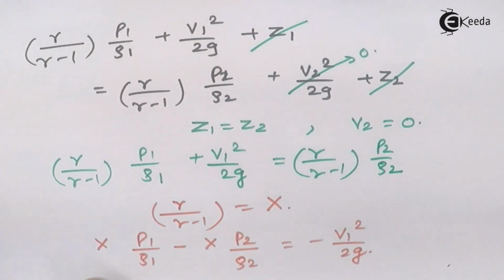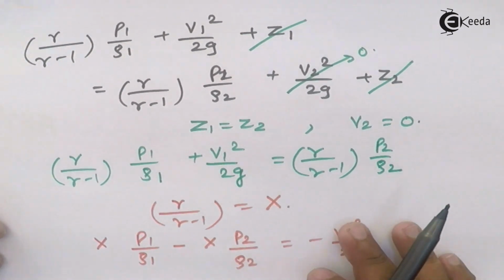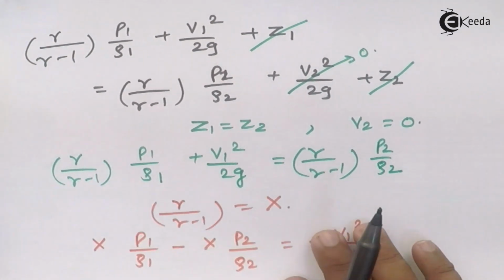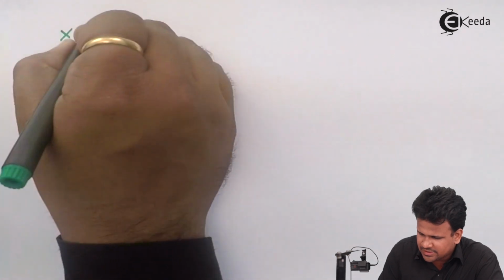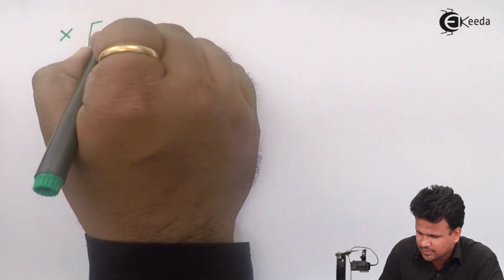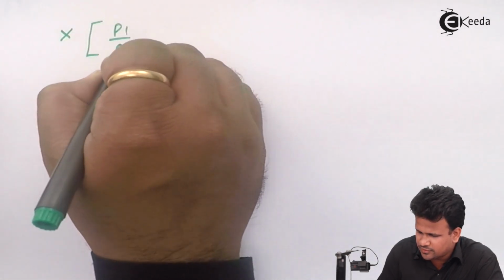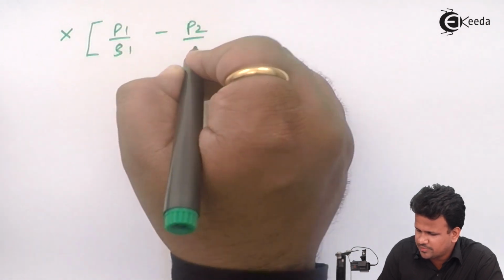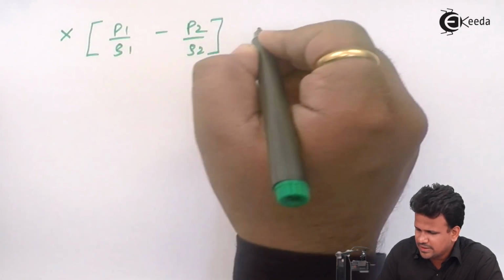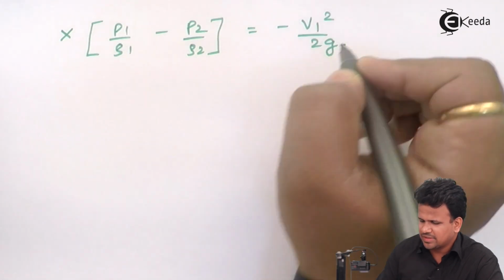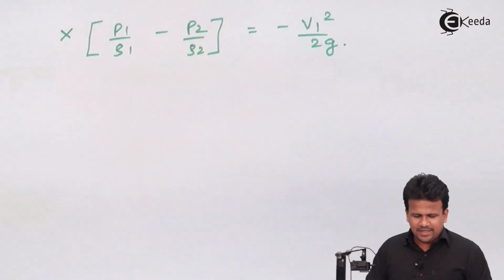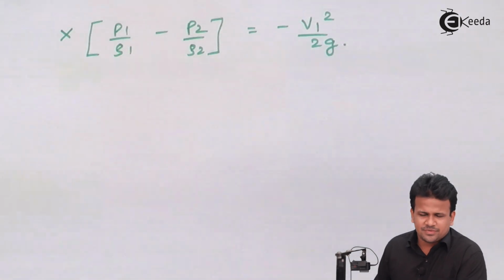Let us take x common from here and see what we get. Once we take x common, we get x into P1 upon rho 1 minus P2 upon rho 2 is equal to minus V1 square by 2g. Now, our idea is to calculate the stagnation pressure.